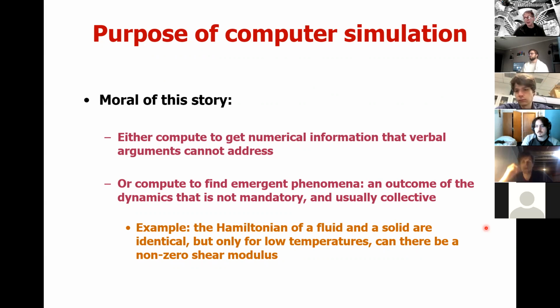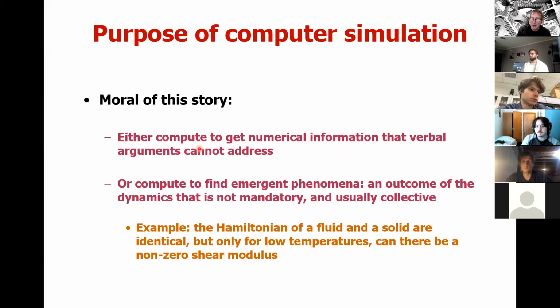But you can compute it by building very complicated models with excessive realism about the band structure and crystal structure and so on, and you could compute these things quite accurately with a sophisticated enough computer program. So you can get numerical information, literally a number in electron volts, that verbal arguments cannot address.